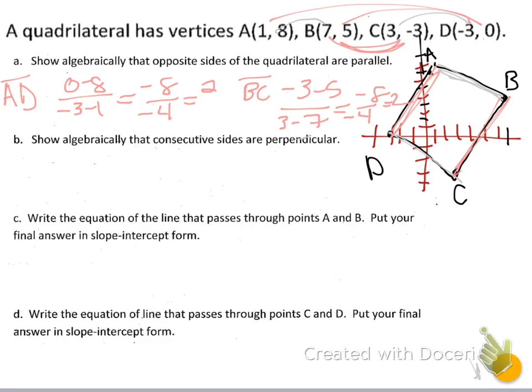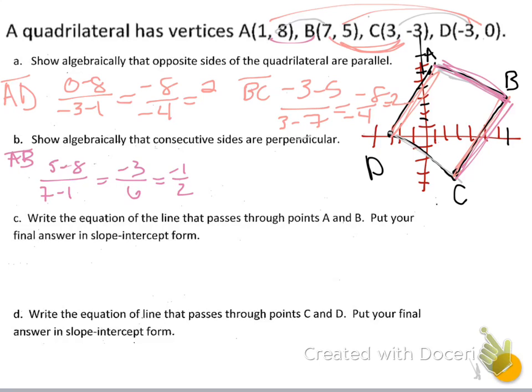Okay, so now I have to show algebraically that consecutive sides are perpendicular. So let's do AB and BC first. So AB, I got 5 minus 8 over 7 minus 1. 5 minus 8 is negative 3. 7 minus 1 is 6, so negative 1/2.